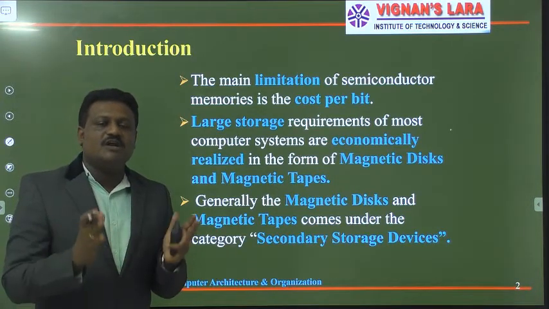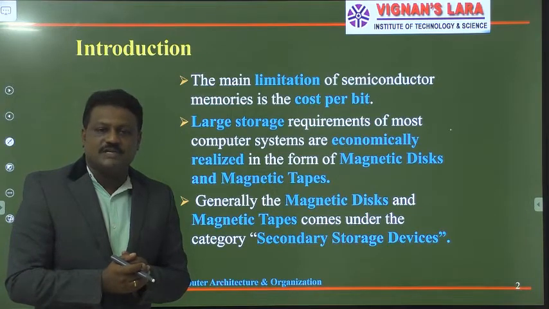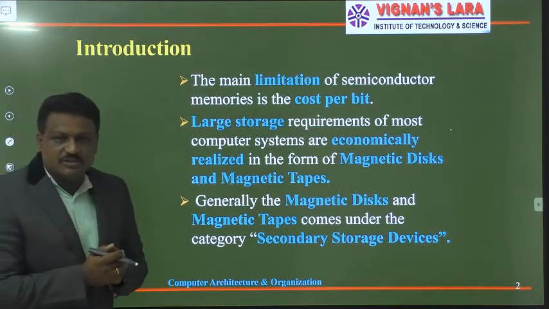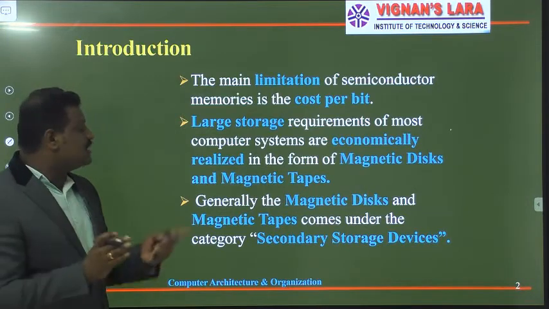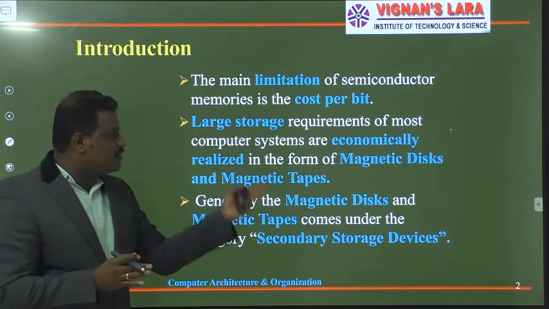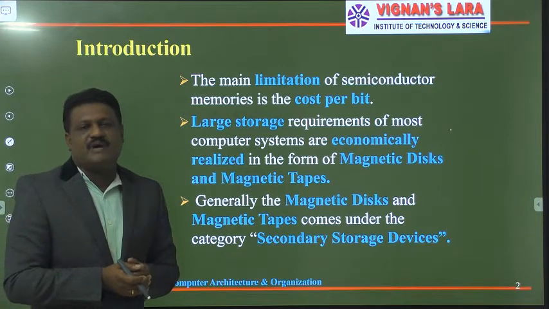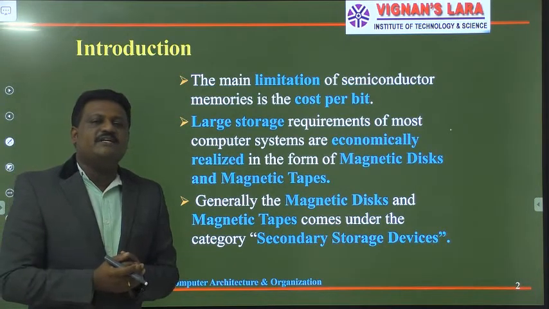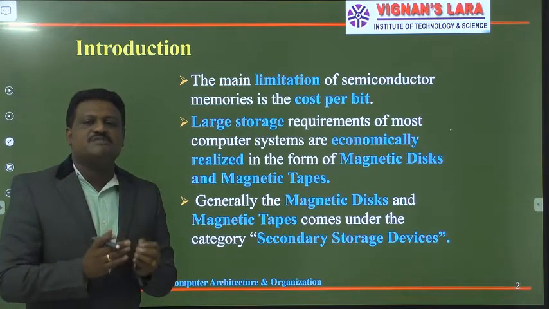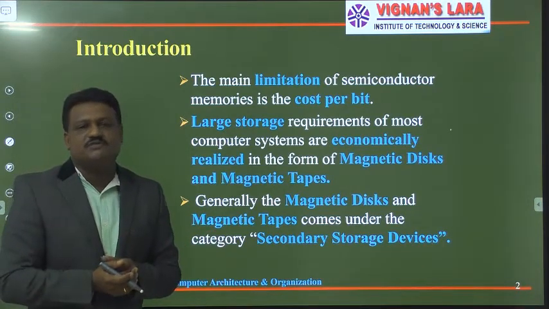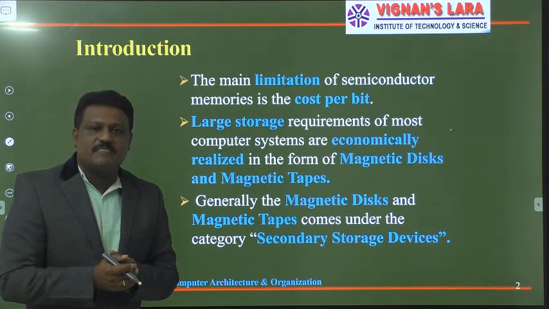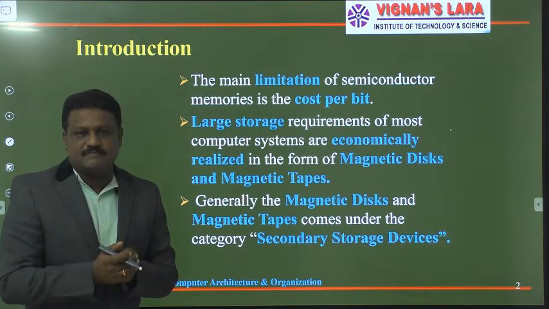But what we are looking for in our computer systems, that is, the large storage requirements of most computer systems, are economically realized in the form of magnetic disks and magnetic tapes. That means we expect our computer system to have a large amount of memory elements within economic cost.